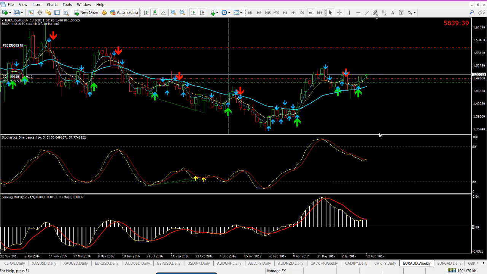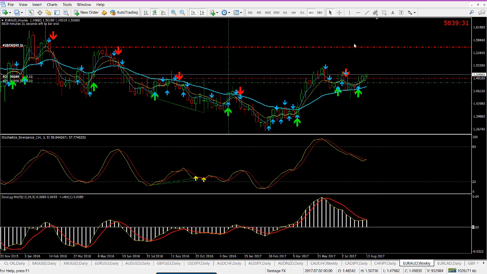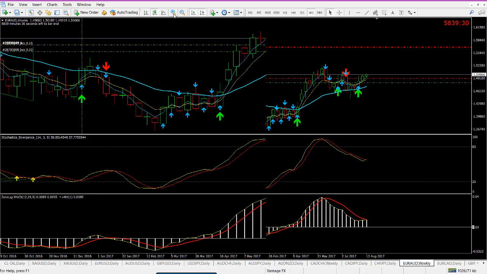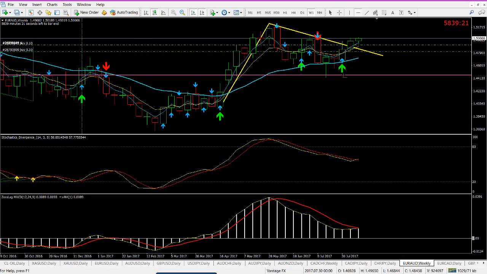EURAUD. Okay, I have a position here, and I move my stop loss to break even higher. It still is moving in my favor. It broke the resistance lines. As you can see, we have a resistance here, it just broke up. Hopefully this is a flag.